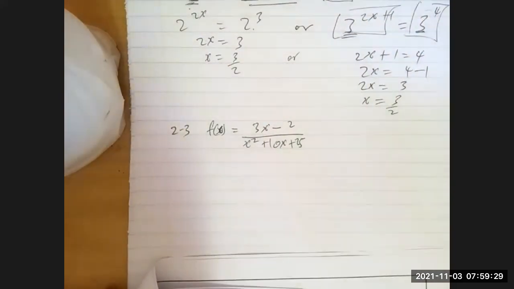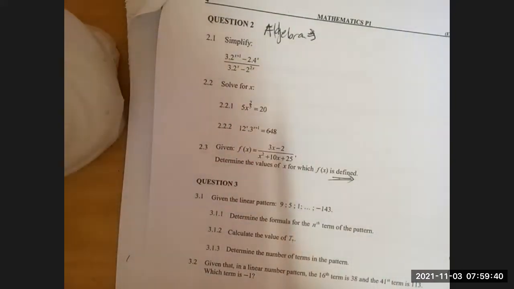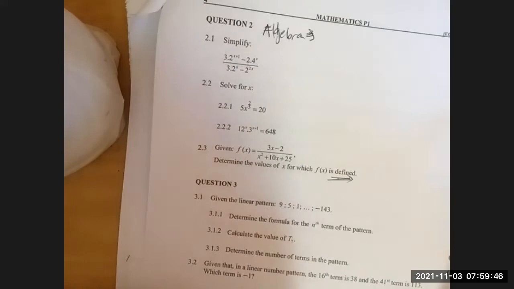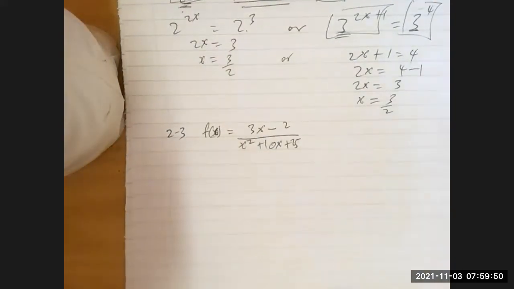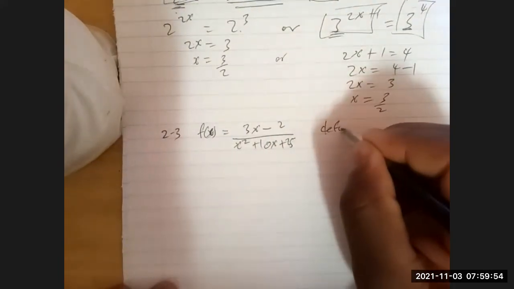Now, if you look at this question, they are saying to us, determine the values of x for which f of x is defined. If you want to find the values of x for which f of x is defined, what makes it undefined? What makes f of x undefined, right? We want to find the one that makes f of x defined.